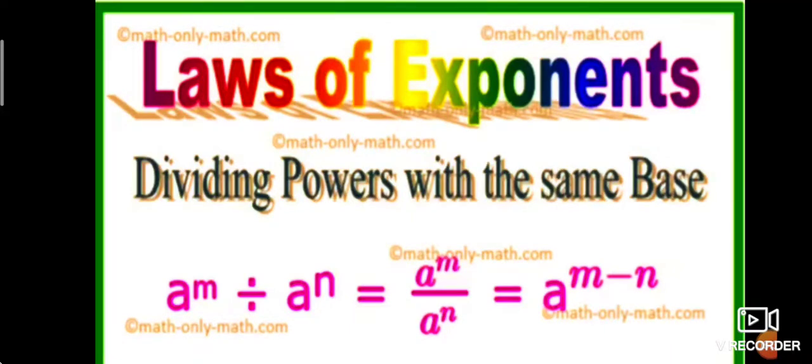The second law of exponents is dividing powers when the bases are the same. Therefore, the base is a, here also a. The powers are different, m here and n here. Therefore, a to the power of m divided by a to the power of n is equal to a to the power of m minus n.